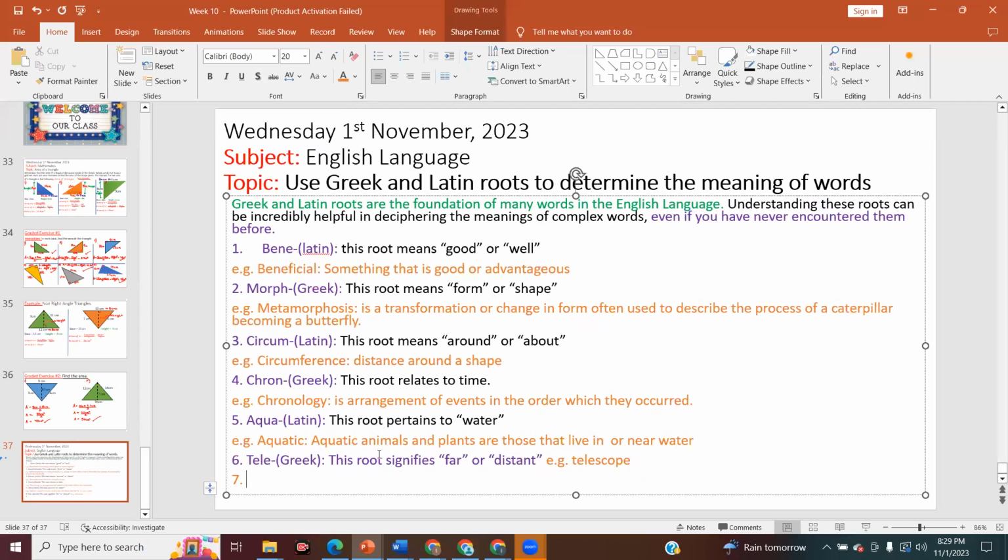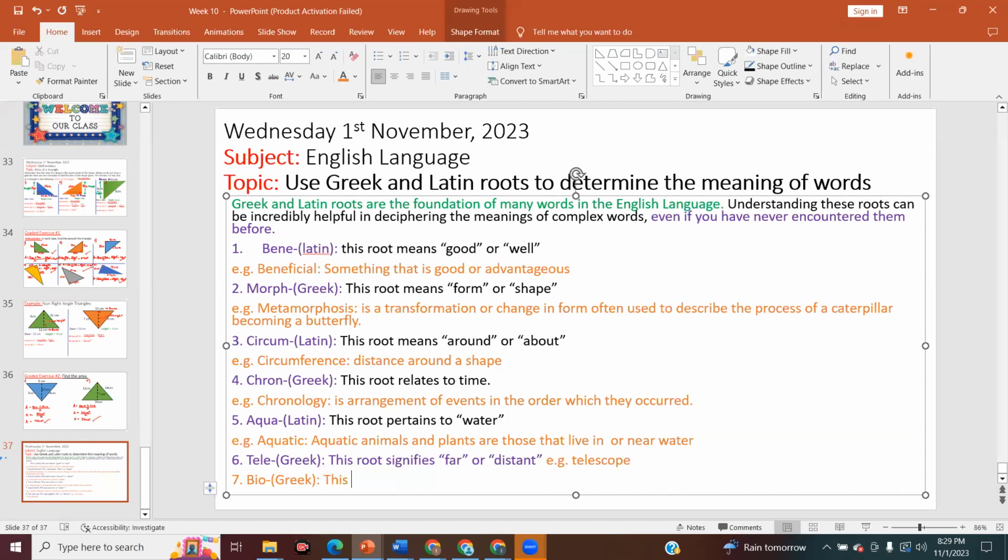Number 7. This one should be easy. Biodegradable. Bioluminescence. Biology. Biomass. Biography. Very good.